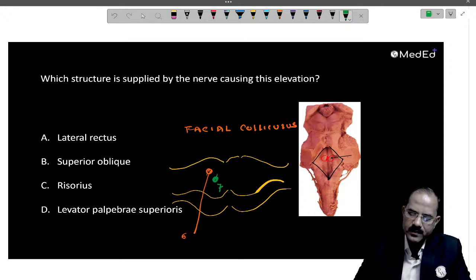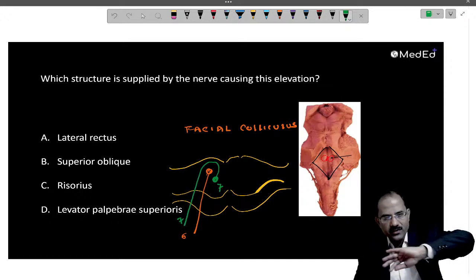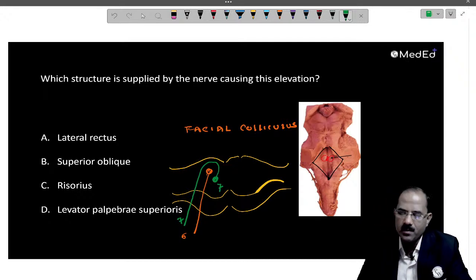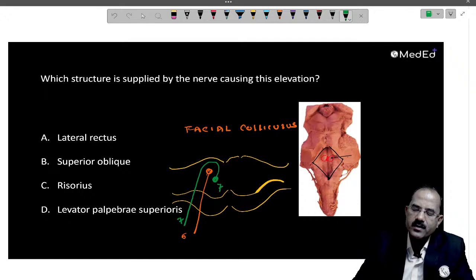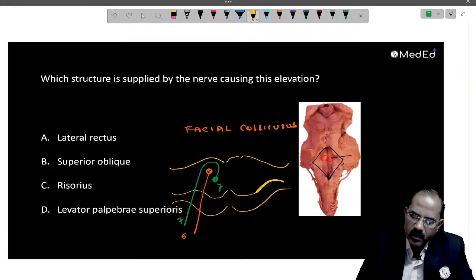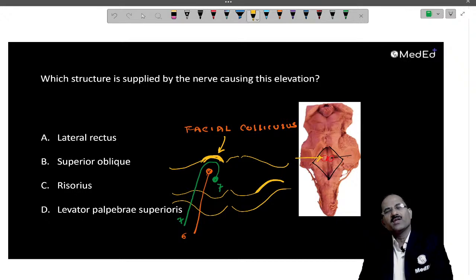The fibers of the seventh nerve wind around the nucleus of the sixth nerve and they come out. When they wind around it, they form an elevation here, and this elevation is what we call the facial colliculus.